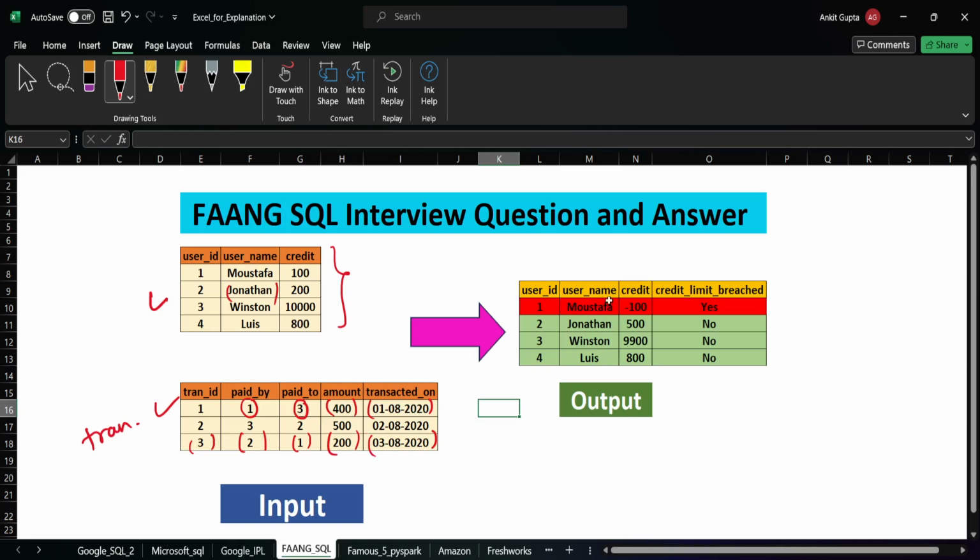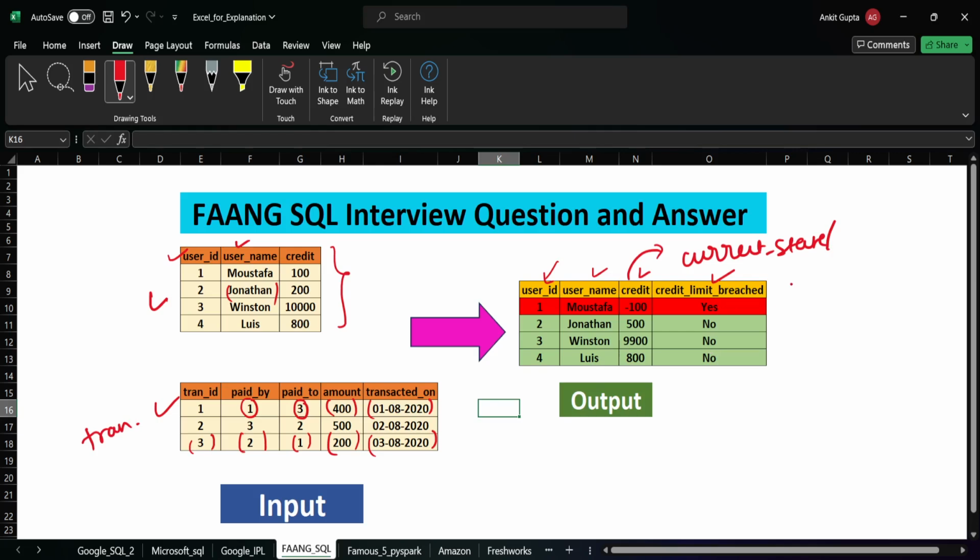The output has the user ID, that is this column, and the username, this column, the credit, so basically the current state. And then the credit limit breached.